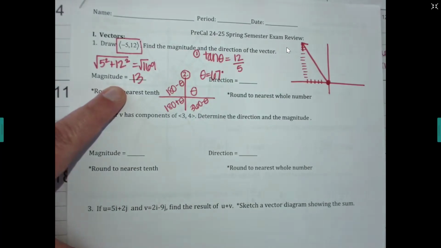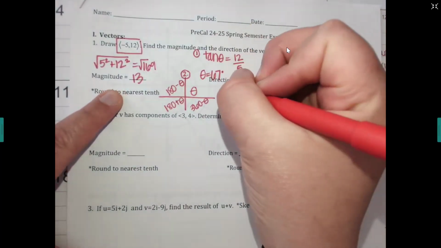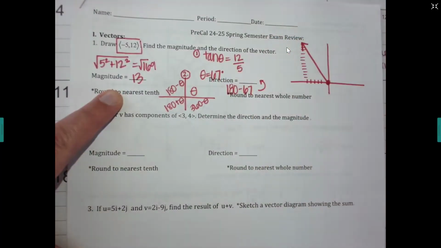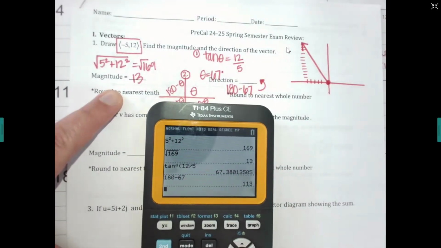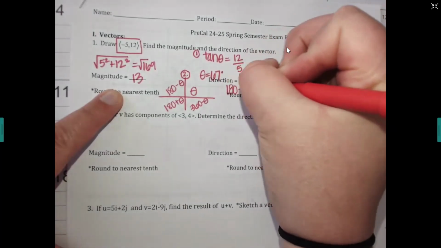So if I'm doing this vector, I can see it ended up in which formula? The 180 minus, very good. So then I do 180 minus the 67, and that will be my final answer for right here. So 180 minus 67, that gives me 113.